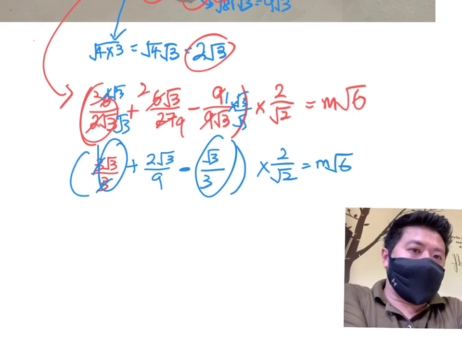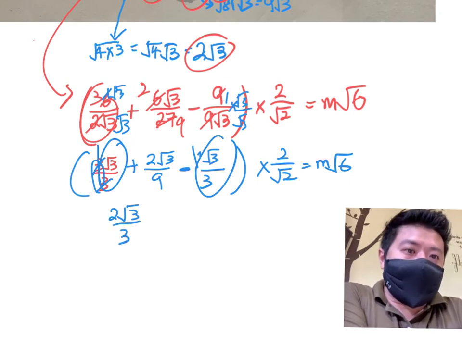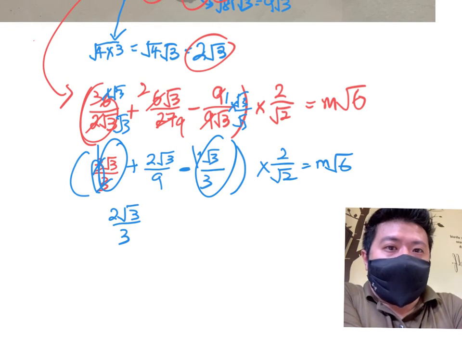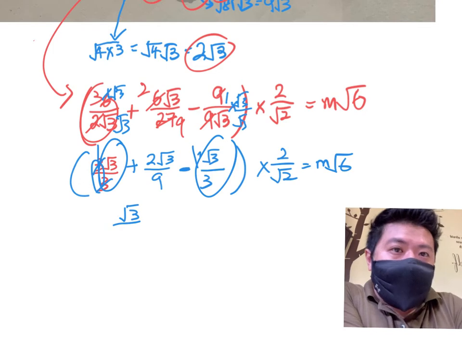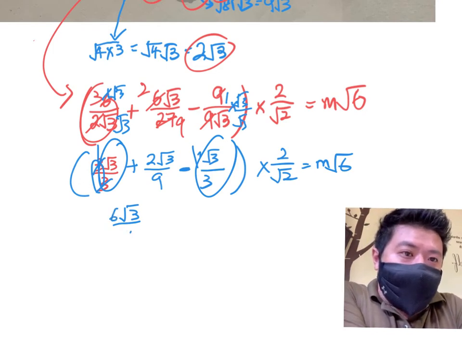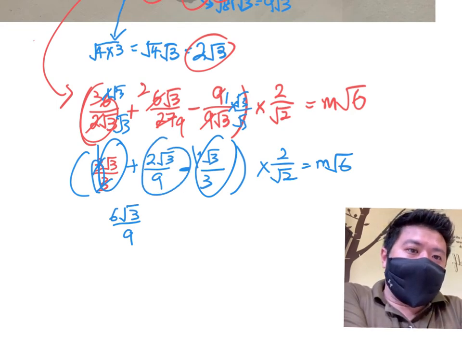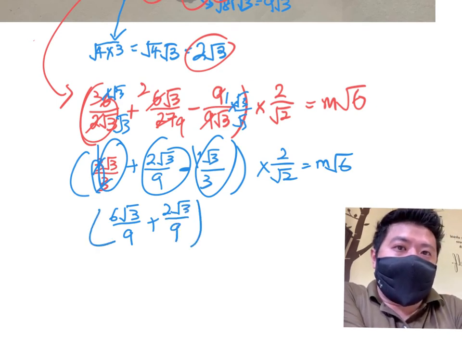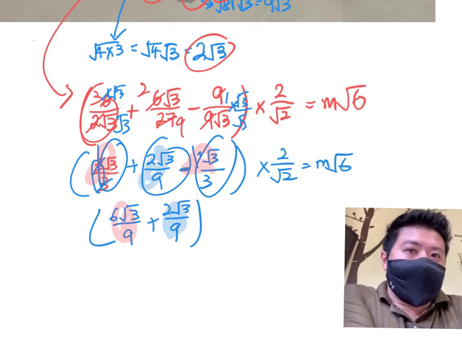This is the same as 6 square root 3 over 9. Just take note, I'm purposely making this 6 square root 3 over 9 because I want to combine it with this plus 2 square root 3 over 9. So this and this give me this, my blue color term.